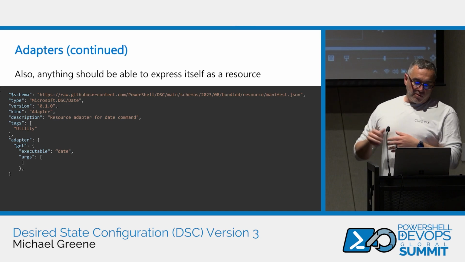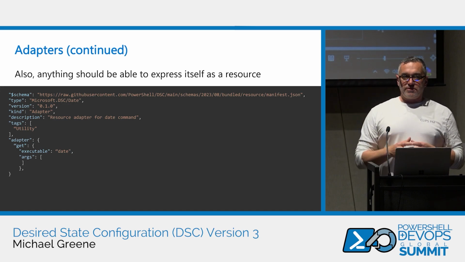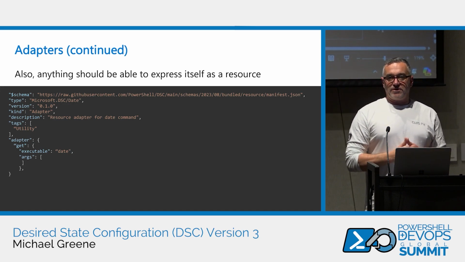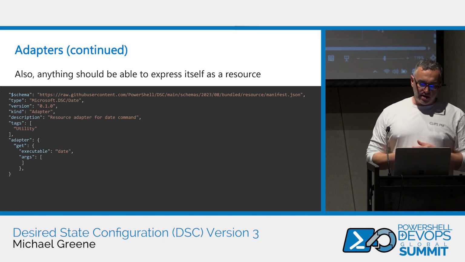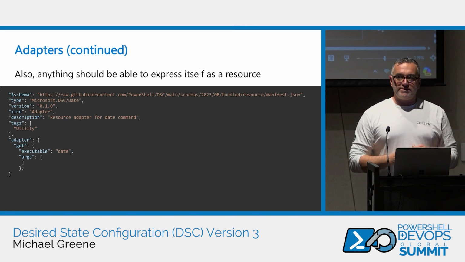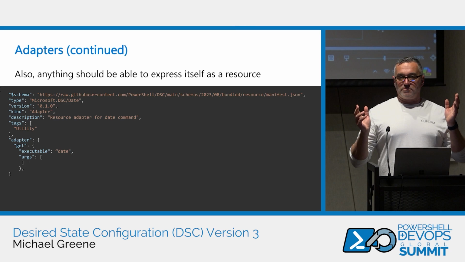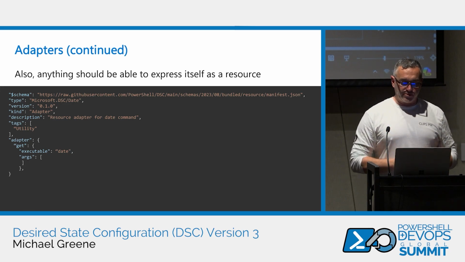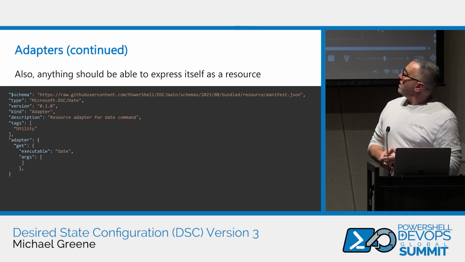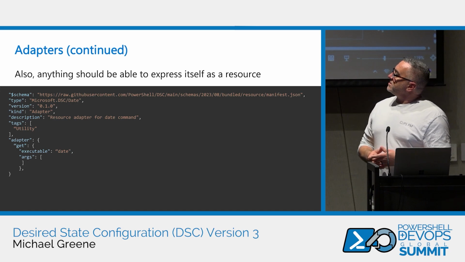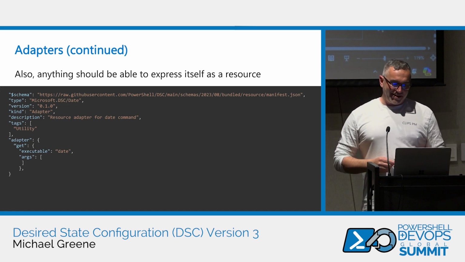In this case, what I was playing around with failed miserably, and I'm going to submit a PR and figure out how we can do this. There's a command in Windows called date. What if I just wanted to do DSC resource get and have it return the date of the current machine? And you'll see a little bit why that might be interesting. Yes, that would be a problem, but that's not the actual bug.